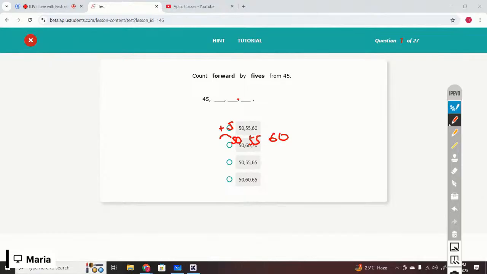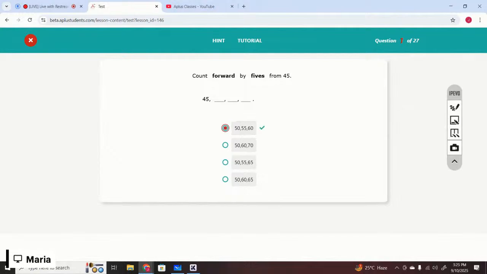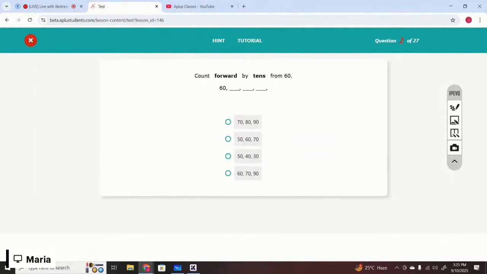That would be 45 plus 5 is 50, 55, and 60. Option number 1 is the correct option.